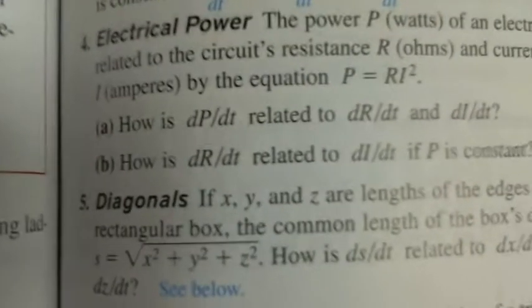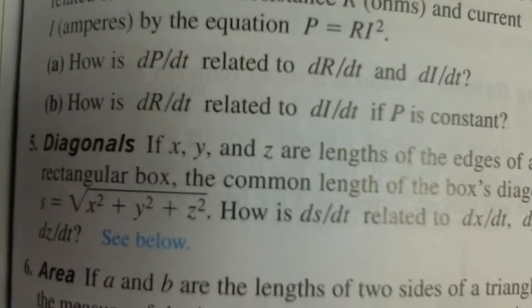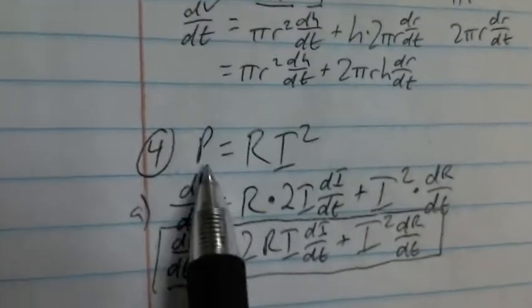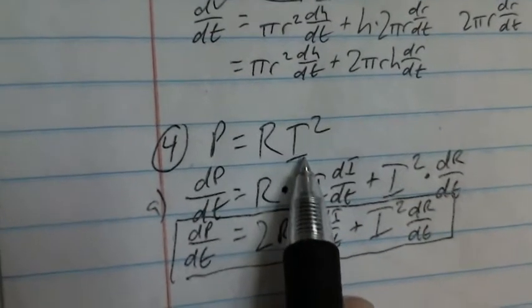And in B, we want to relate dr/dt and di/dt, presuming that the power is constant. So if the power is constant, that means if we increase the resistance, we have to decrease the amperage.